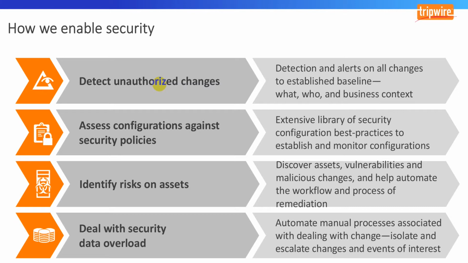With Tripwire Enterprise, you can automate the manual processes, deal with the changes, and escalate the changes and get all of these changes with a business context. You can deal with every change because you already know exactly what is missing, what the current configurations are, and what has happened in, for example, the last day, last week, and last month.